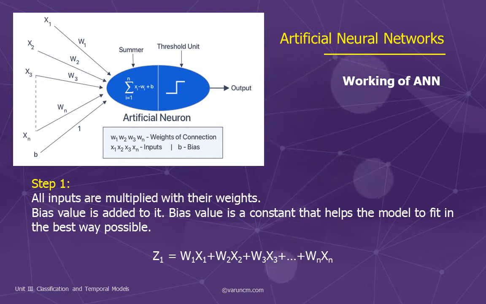One more input we are giving is the bias value. It is a constant which you are giving. This is the bias value, and you will also add it as an input here. And this blue node performs the operation.